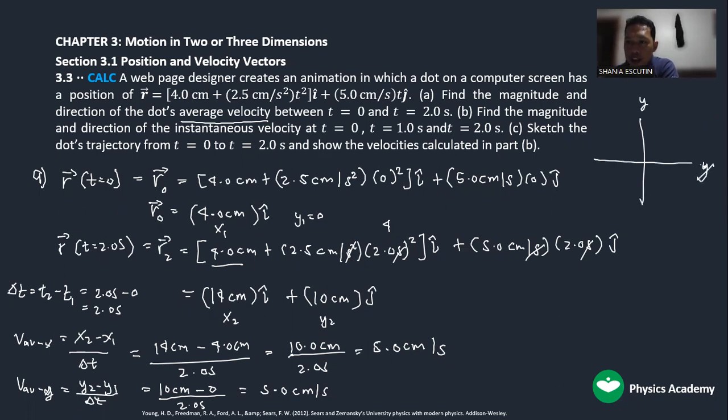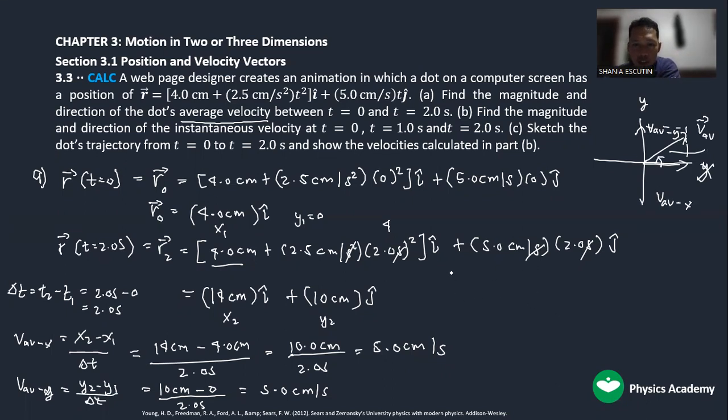Here we can see that our v average along y is positive, and v average along x is also positive, meaning our vector lies on the first quadrant. So our v average vector lies on this, and in what direction, we can determine that later.